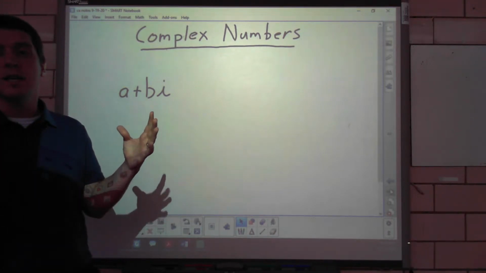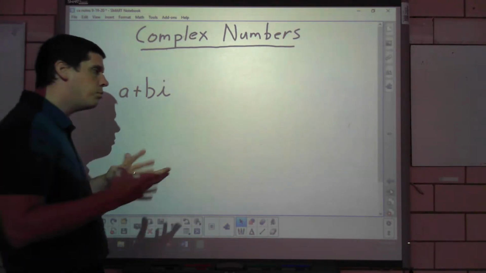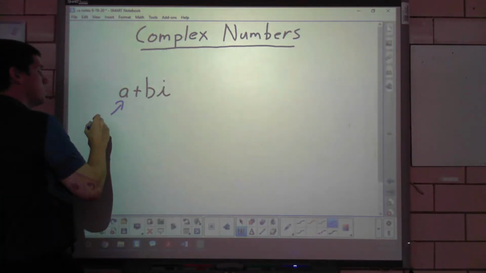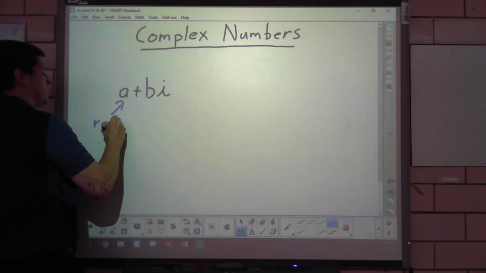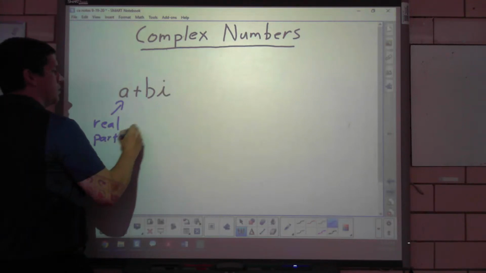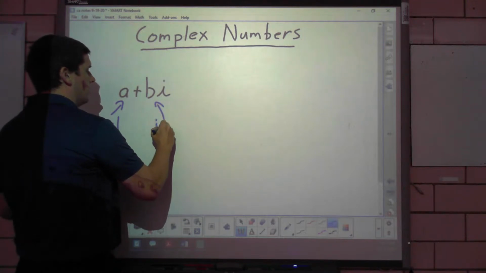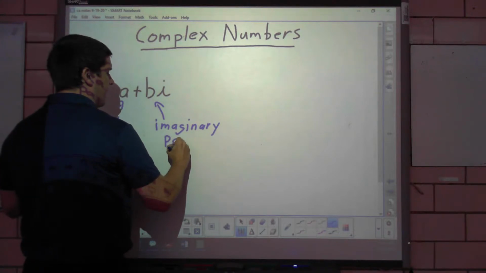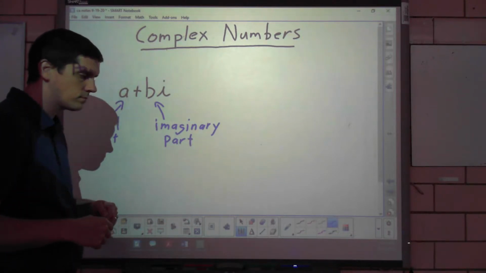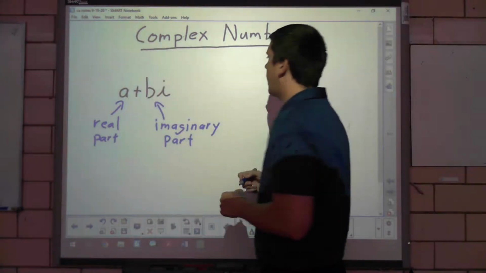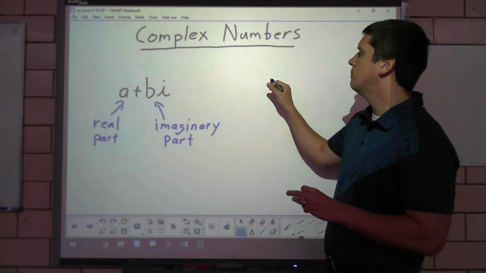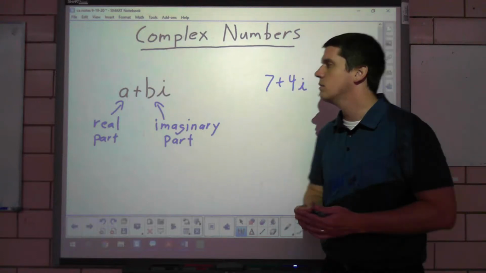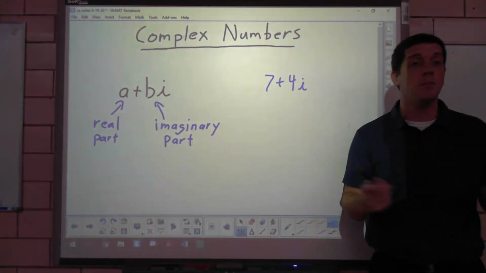A complex number is not really that complex. A complex number is a number that consists of a real part and an imaginary part. So if I were to say 7 plus 4i, that's a complex number.